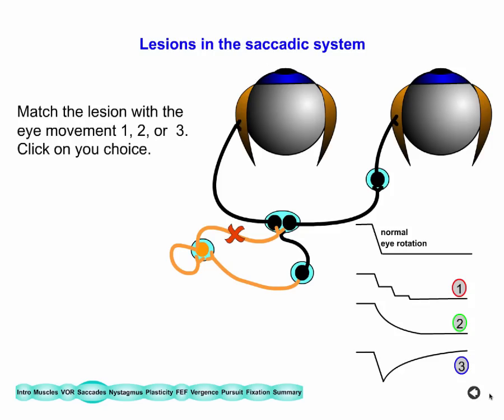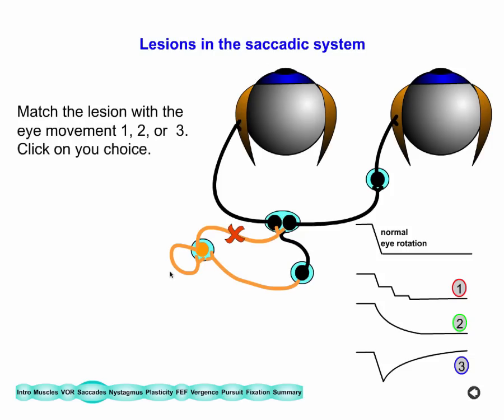Okay, some quizzes. So again, there's your lesion. The burst neurons are still active. They send a signal to the motor neurons.